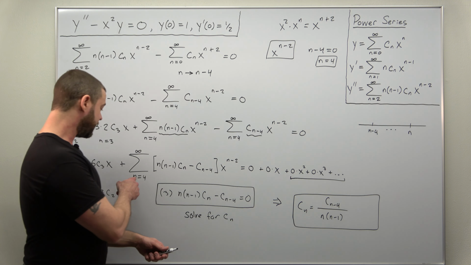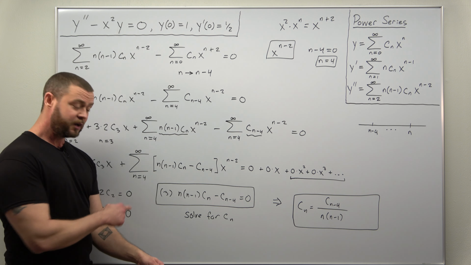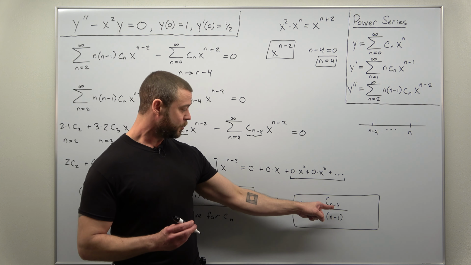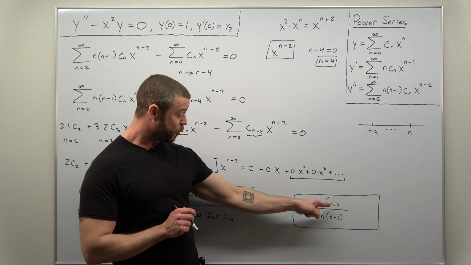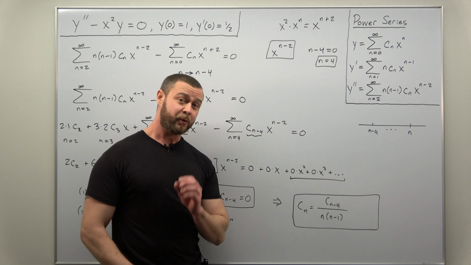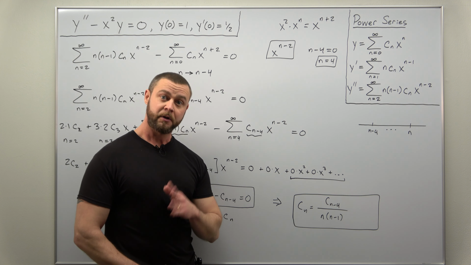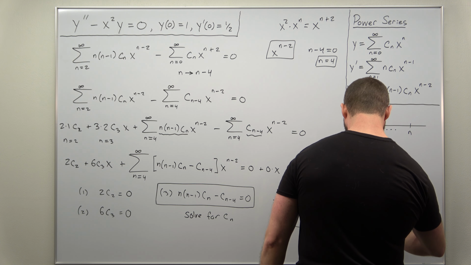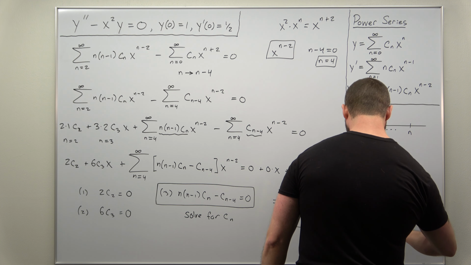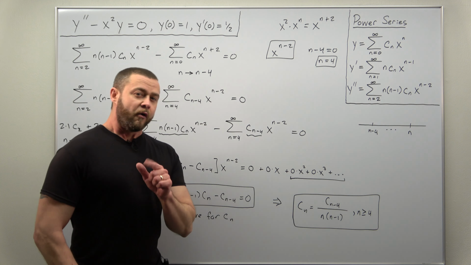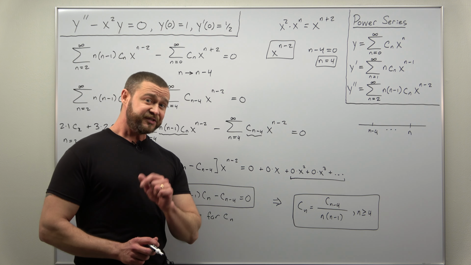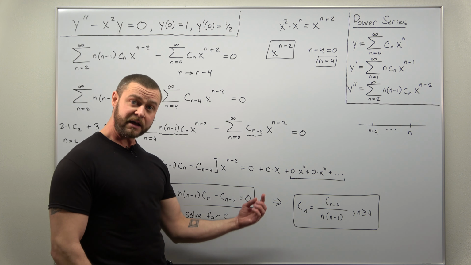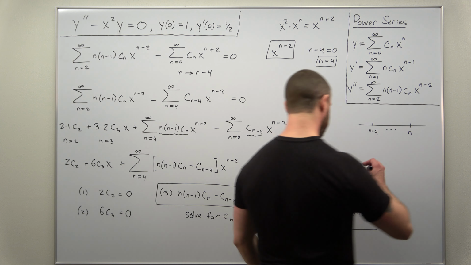Now go back to your sum as a consistency check. Our sum here starts with n equals 4, and notice when n is equal to 4, we get an index of 0. So this recurrence relation looks like it's going to be valid for all values of n, the indices, greater than or equal to 4. So that is our recurrence relation.